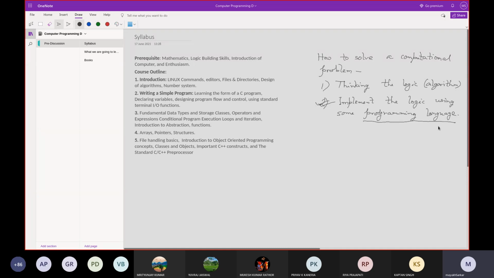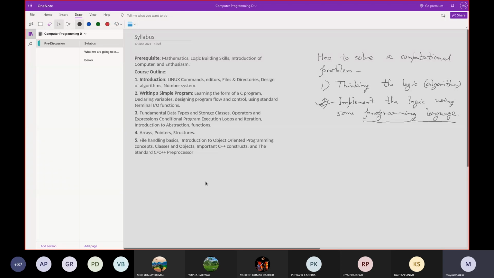Let me tell you one thing: a computer is nothing but a programmable electronic device, and it is nothing more than that, and it itself understands nothing. Though in today's world we see robots and various machine learning devices working here and there, they are also working based upon some logic designed by algorithmists and programmers.